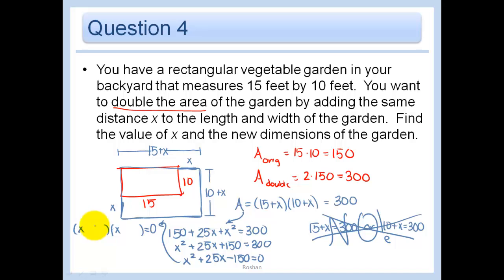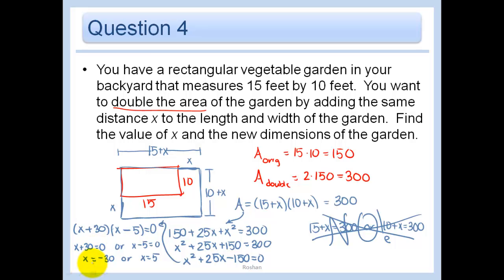But I could do 30 and 5. And so if I had a positive 30 and a negative 5, then that's going to work. And so that means that x plus 30 equals 0 or x minus 5 equals 0. So that would be x equals negative 30 or x equals 5.